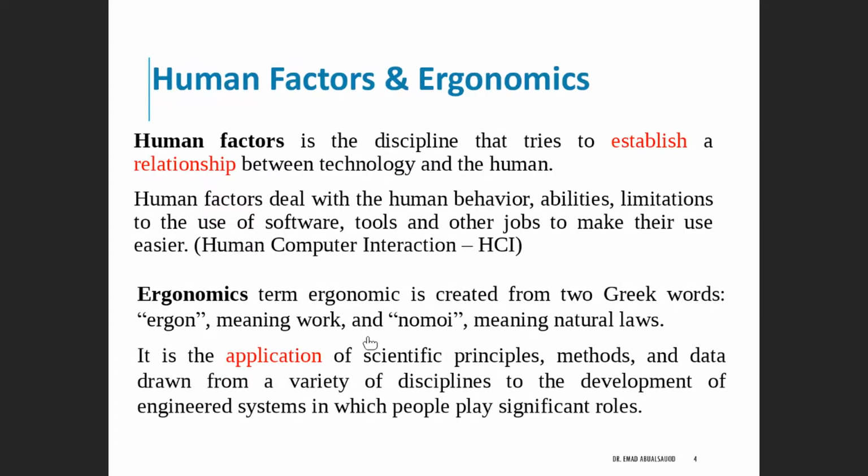Here we focus on the application of scientific methods and data, drawing from a variety of disciplines, to the development of engineered systems in which people play significant roles. Pay attention to this word, people. The people are the focus even for ergonomics.